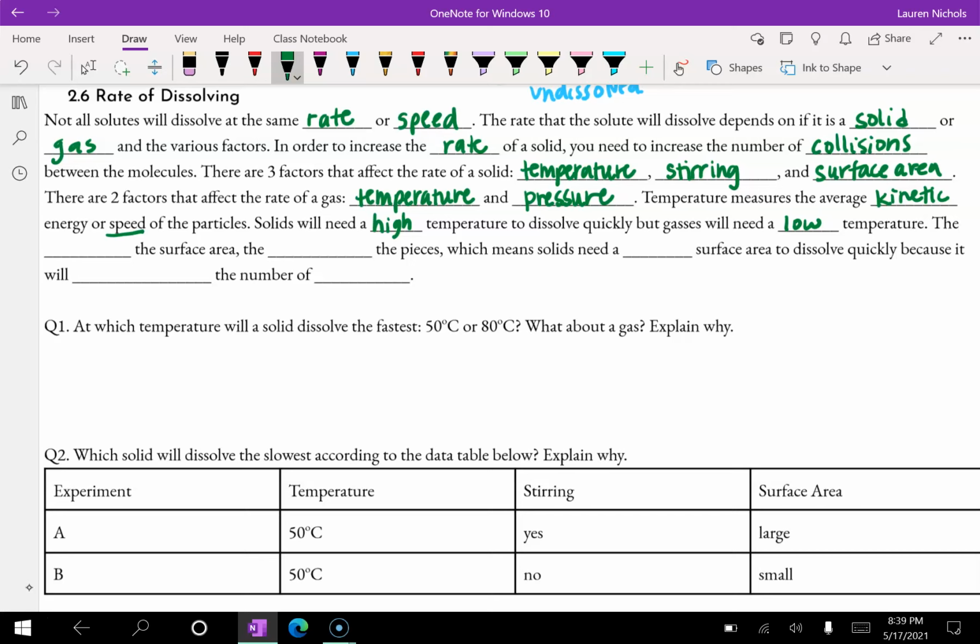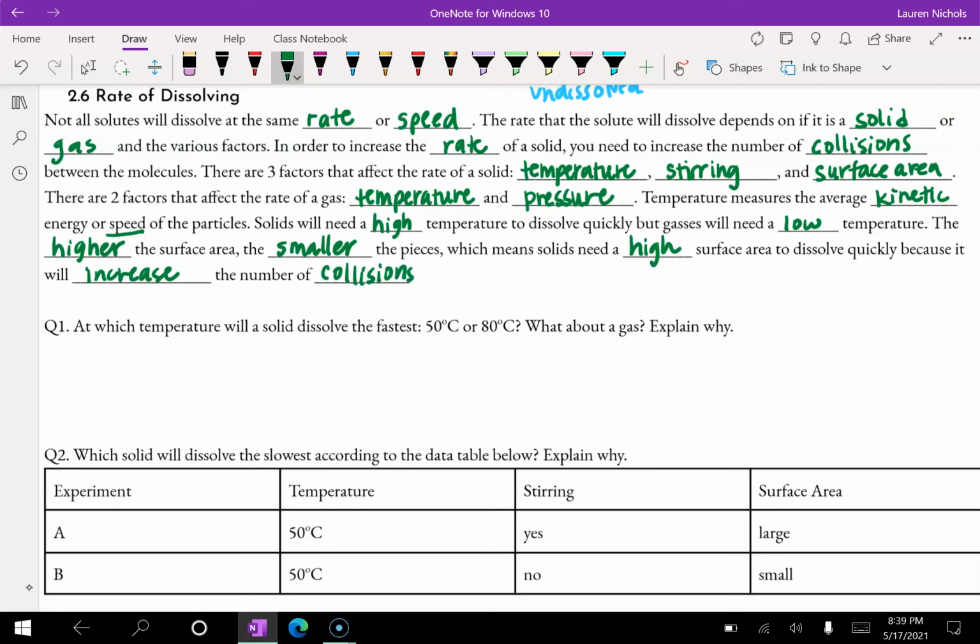Now, the thing about surface area, because stirring is pretty self-explanatory, but surface area is sometimes tricky. So one thing to keep in mind is that the higher the surface area you have, the smaller the pieces are, which means a solid needs a high surface area to dissolve quickly because it will increase the number of collisions because there are more particles.